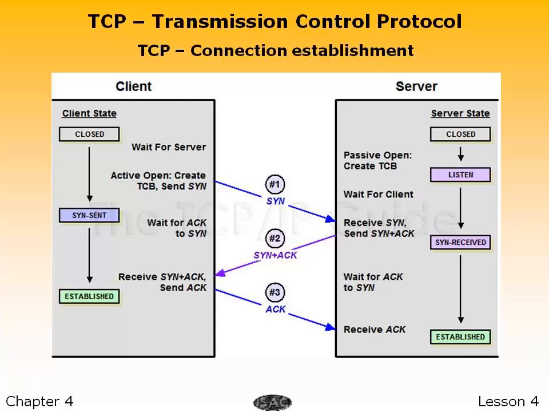Depending on what kind of option we are dealing with, the next two fields may be set. The option length field indicates the total length of the option, and the option data field contains the value of the option if applicable.